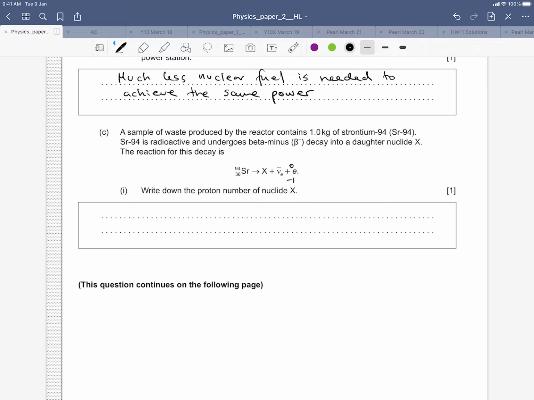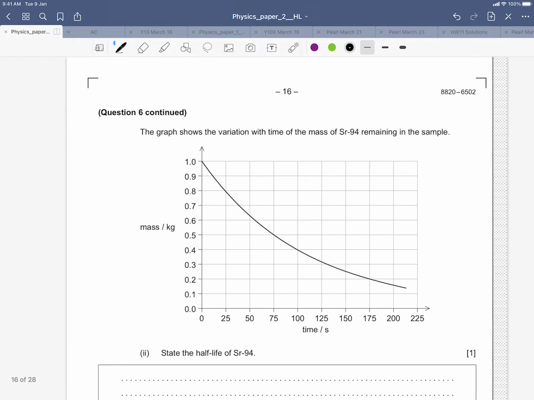And then we have to write down the proton number of nuclide X. Well, because it's a beta minus, the electron carries a charge of -1, so the proton number of X has to be 39, because the charge number, the proton number, has to balance out on both sides. Now we know the antineutrino has 0, 0, so we also know X has a nucleon number that is 94, the mass number. That's easy.